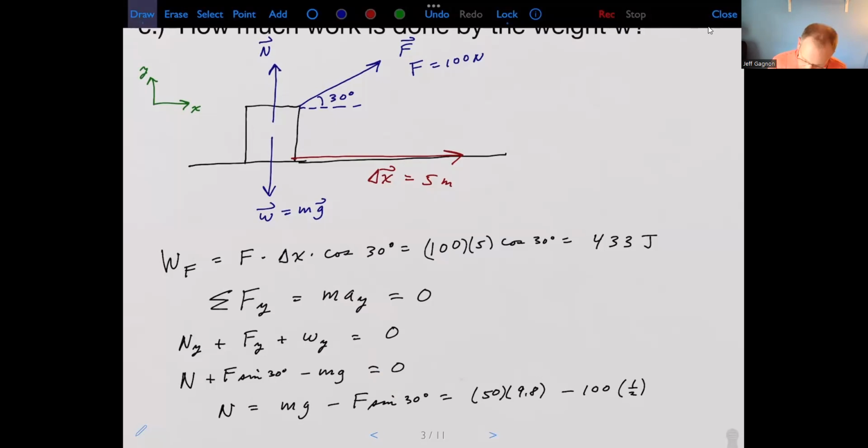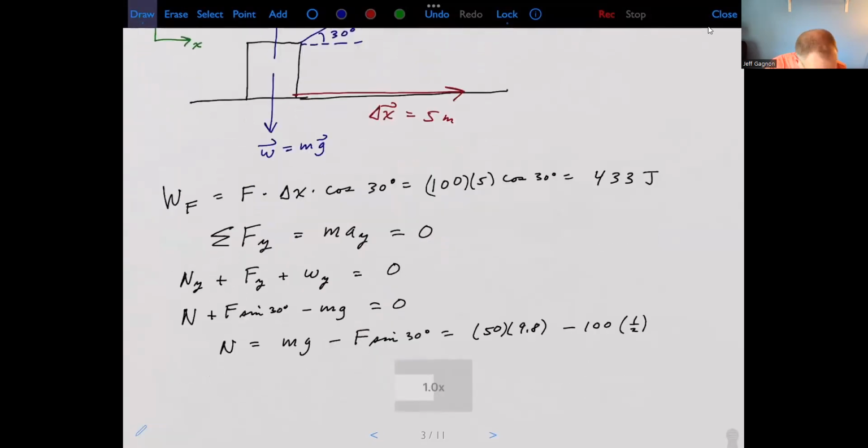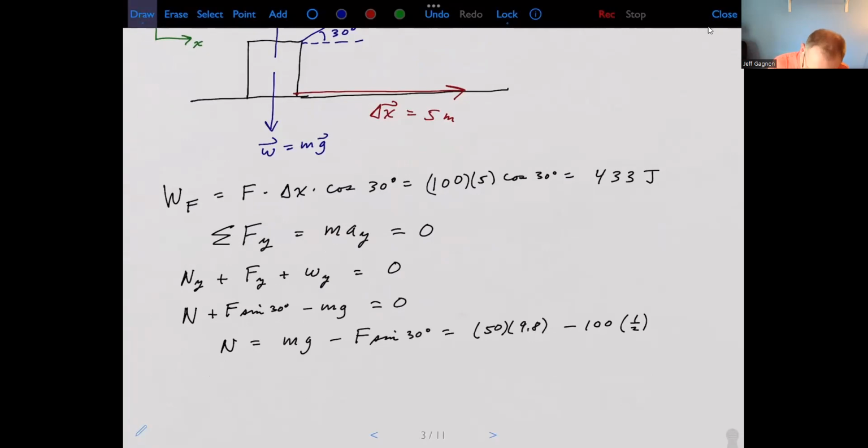And if you work this out, it'll be 490 minus 50, which is 440 newtons. I'm using N for normal force and N for newtons, so just be careful on that. This N stands for normal force. This is just the units in newtons.